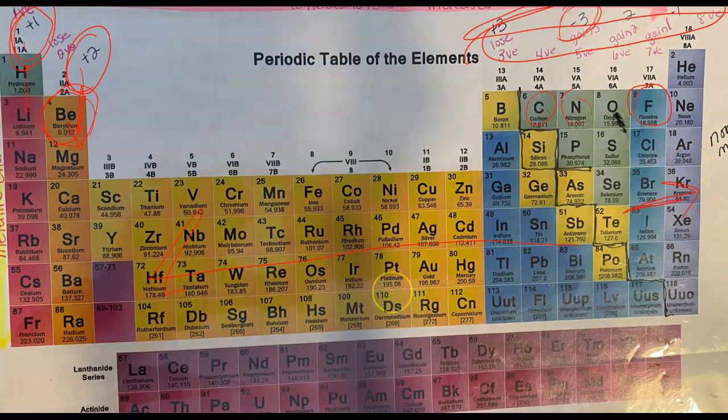So if I said to you, what kind of bond will iron form with, let's say, sulfur? Well, the fact that iron is a metal and sulfur is a nonmetal, I would think to myself, oh, that's probably going to form an ionic bond, versus covalent bonds, which don't typically form between metals and nonmetals. So keep your periodic table handy as you look at some of these different ideas and structures.